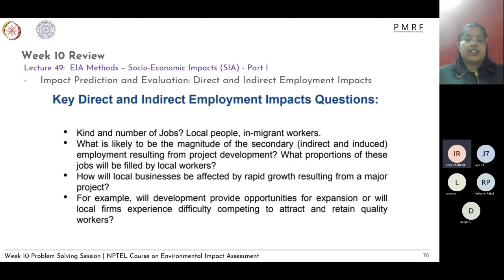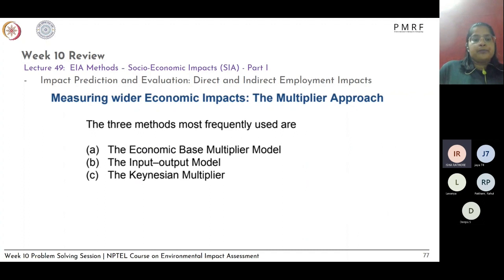Will the development provide opportunities for expansion, or will local firms experience difficulty in competing because a new major player will come into play? So you need to consider all of these impacts relating to employment and economic sense.